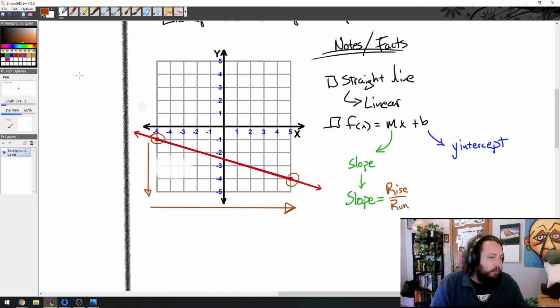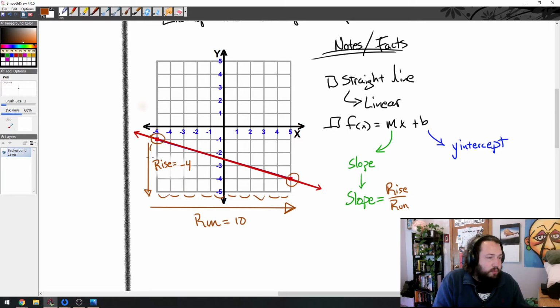I'm going to say my rise equals negative 1, 2, 3, 4. So it's negative 4. And my run down here equals 1, 2, 3, 4, 5, 6, 7, 8, 9, 10 equals 10.